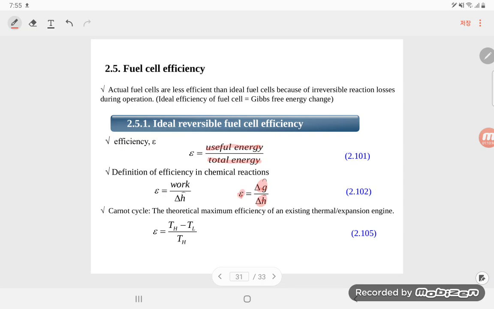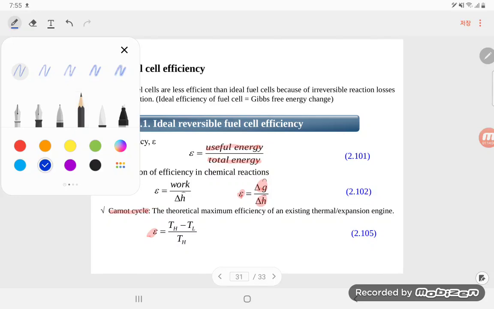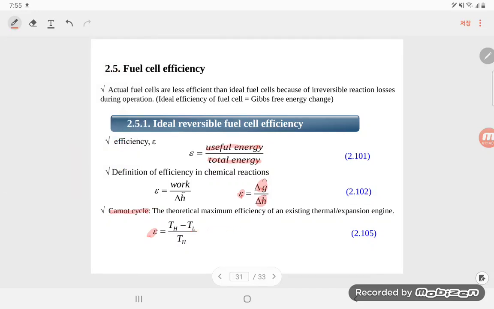And if we compare the Carnot cycle engine efficiency, then we can get this one. It might be expressed like this.